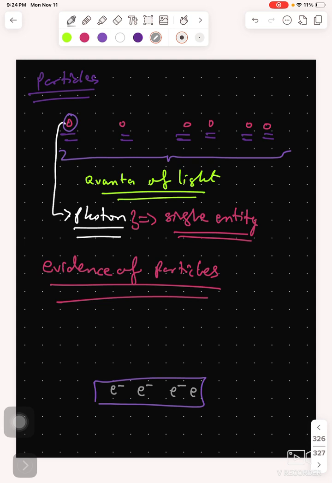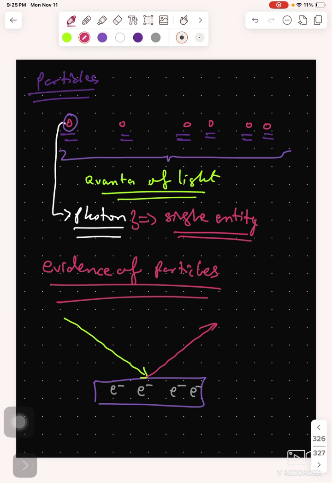This experiment was done at two earlier times, but Einstein was the one who completed it in such a way that he got the Nobel Prize for this theory.